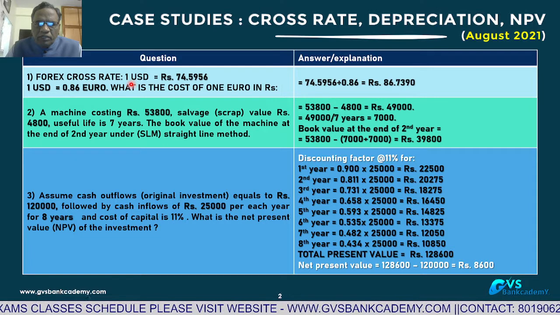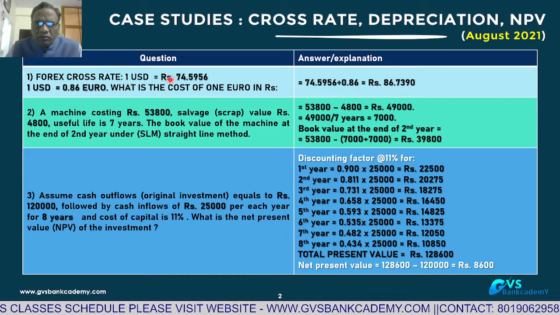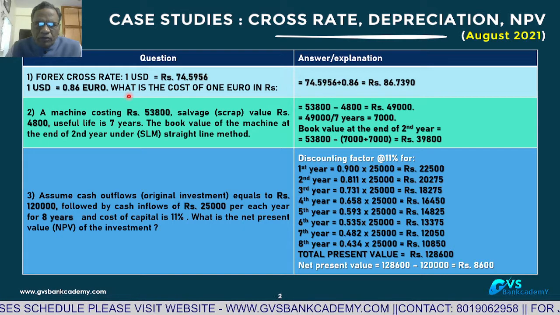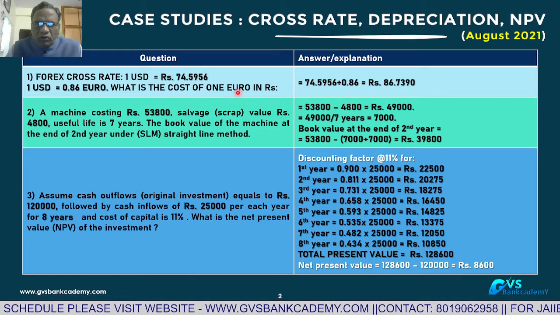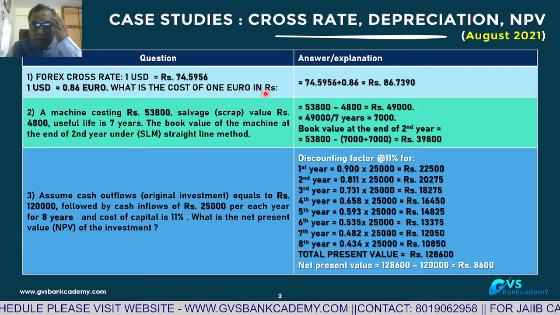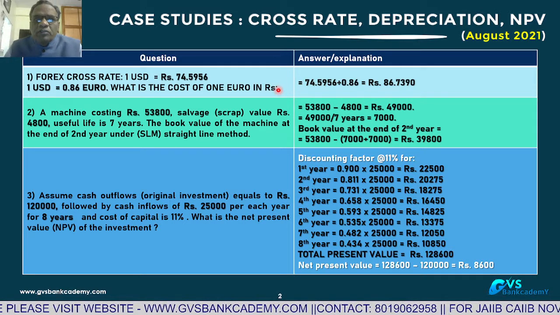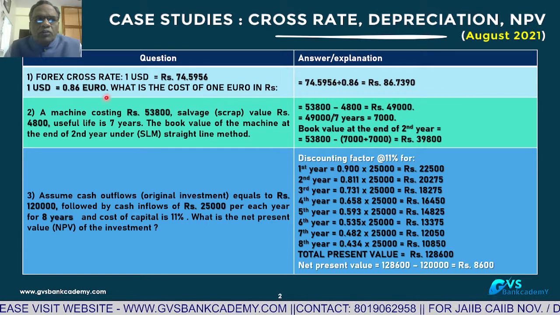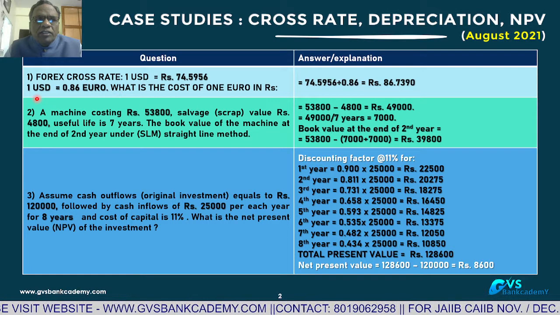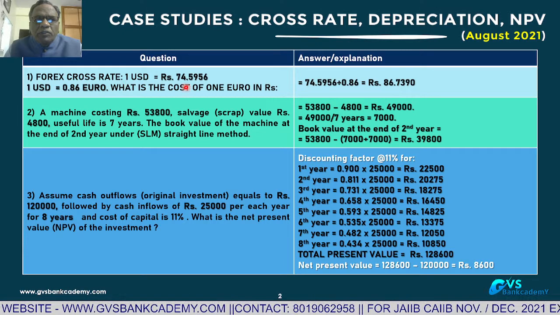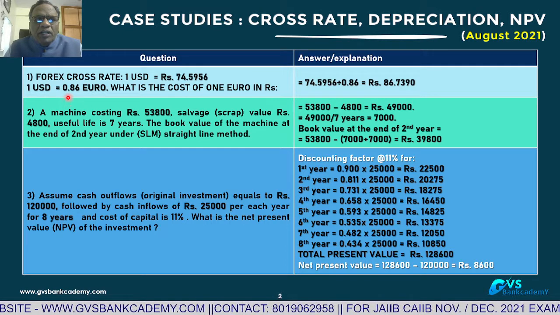In the domestic market, 1 US dollar is equal to 74 rupees 59.56 paisa. What is the cost of 1 euro in India? If you want to purchase 1 euro, how many rupees do you have to pay? That is the question. Using the dollar as the common currency rate or cross currency rate, how many rupees do you have to pay for the purchase of 1 euro?